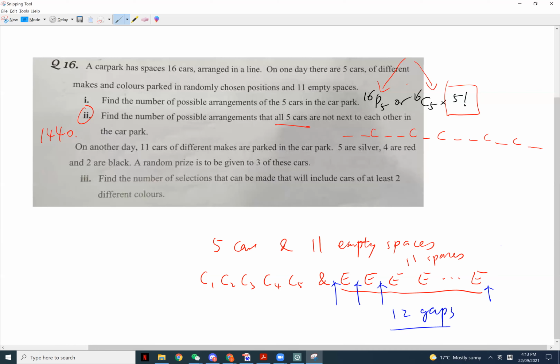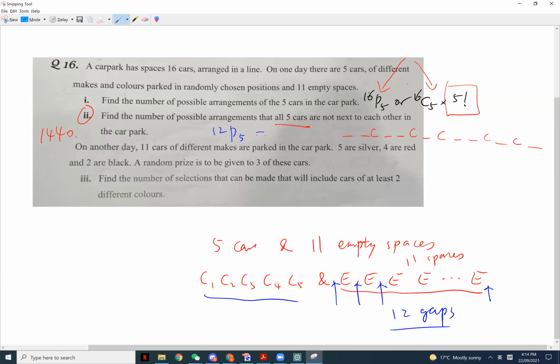So the question is, you have 12 gaps, how do you arrange 5 cars? 12P5. That's how I do this question.